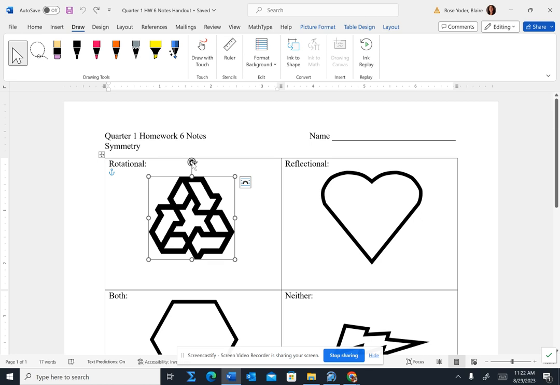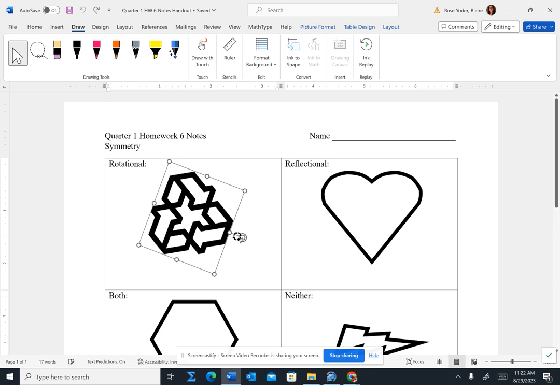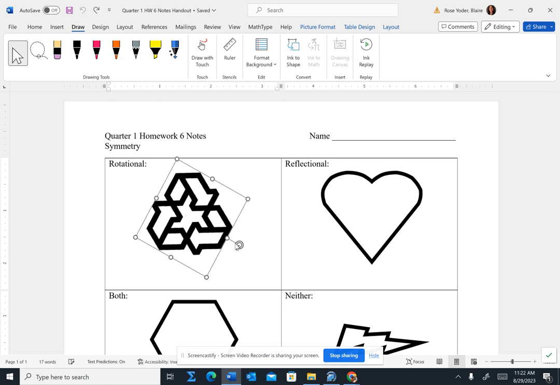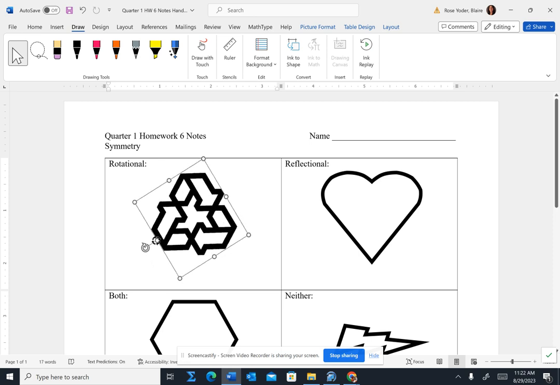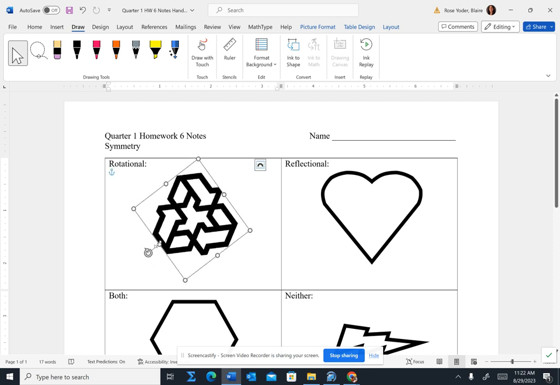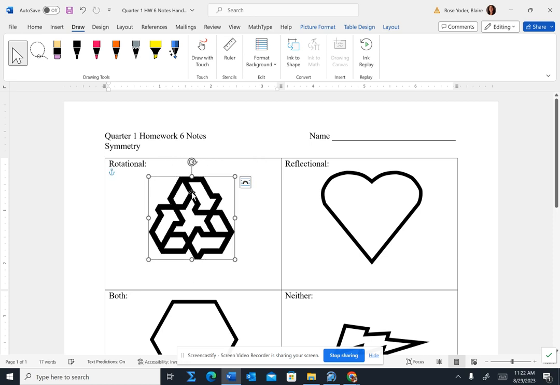So there's the image that I started with, and then I can rotate it 90 and a little bit more, and it looks exactly the same. And then I can actually do that one more time too. There we go, before I rotate it back to the image that I started with.